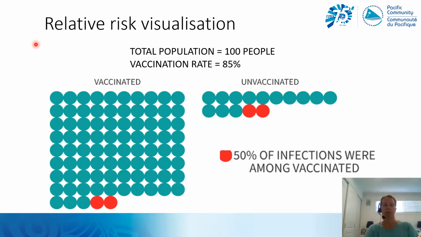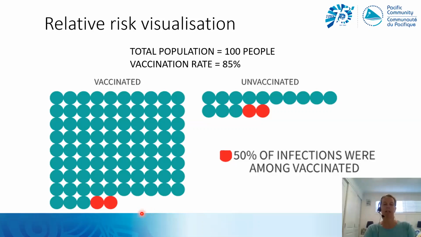So if we imagine our population is 100 people and we have a vaccination rate of 85%, the way it's typically been reported in the news, if we have 4 infections across those two groups, say 50% of infections were among the vaccinated. And that gives quite a misleading picture to the population and certainly doesn't encourage those who are unvaccinated to go and get vaccinated.